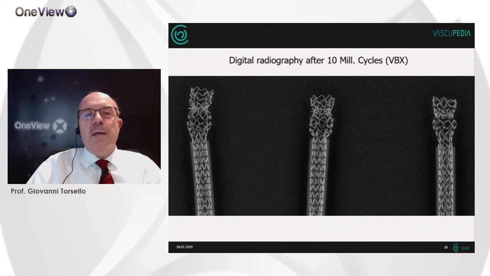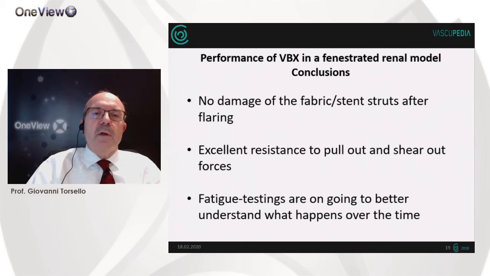Of course, we want to extend this type of test, and at the moment we are at 20 million cycles. We want to reach at least 25 million cycles to have a real fatigue test, comparing the features of this stent with, obviously, the other stents.